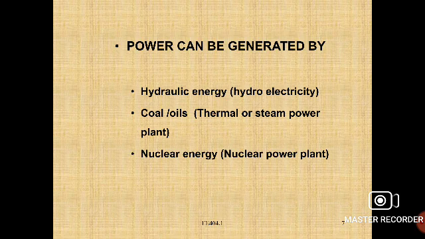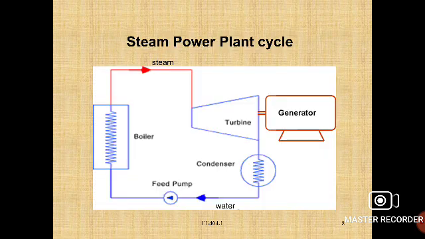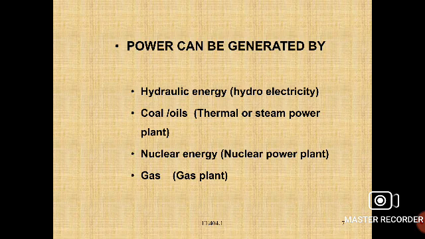Next is nuclear energy power plants, where we use uranium. Then gas power plants, where we use gas, LPG, to run the plant and produce electricity. These are the power generation methods.